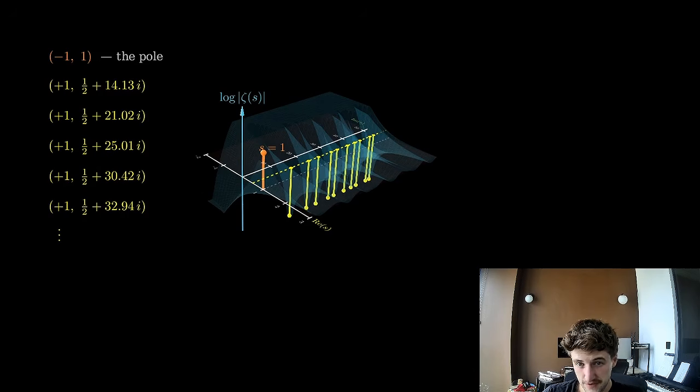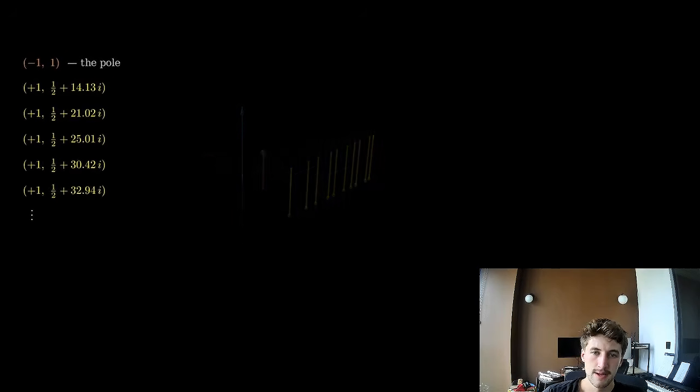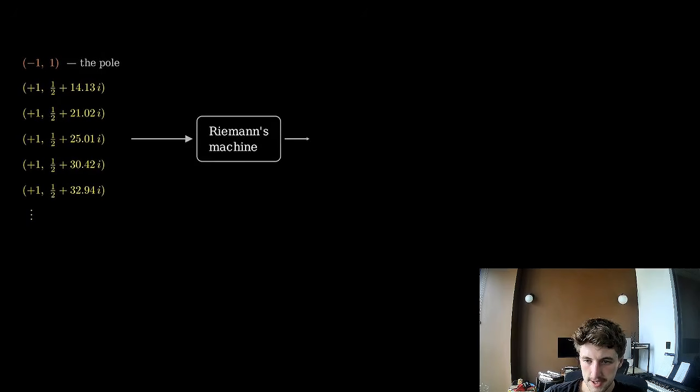So we've extracted these features from the graph, and now Riemann managed to use the prime product formula, the logarithm stuff that we were showing you before, to do some interesting transformation of these points. I'm not going to go too deep into how he did this transformation now. You've got the ingredients here, but I want to keep this video relatively short, so I might go into more depth in this in a future video.